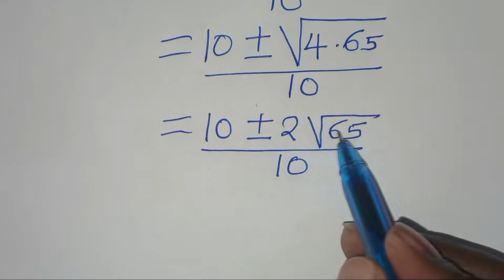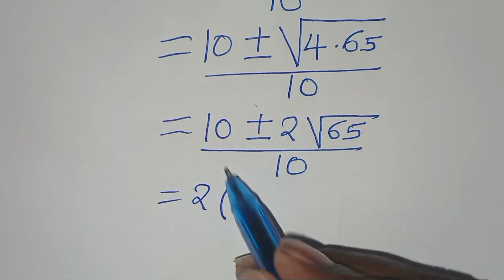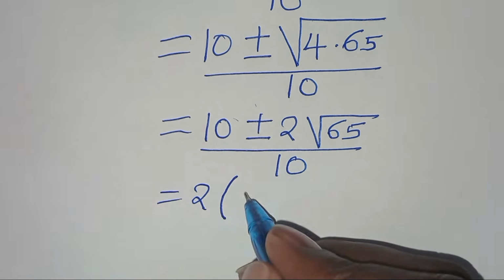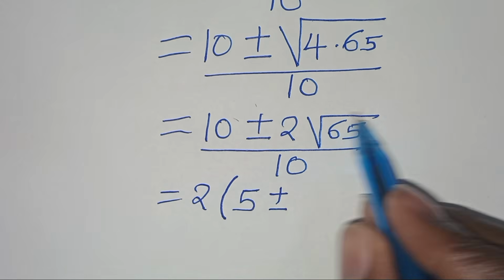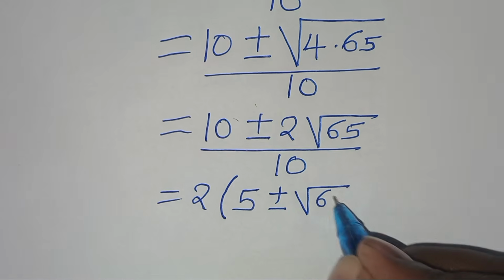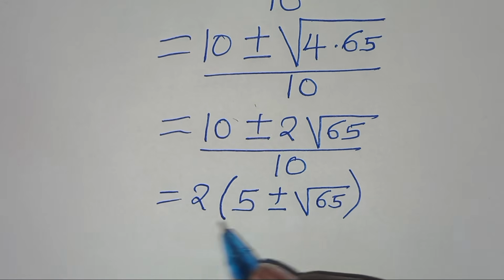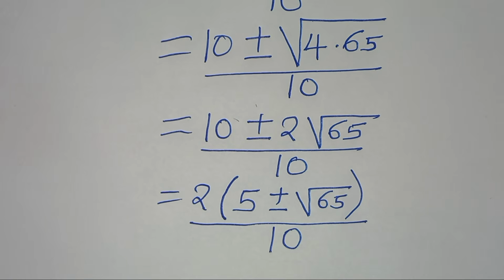We have that in the numerator here, that 2 is common. Let's factor out 2. So 10 divided by 2, this is 5, plus or minus 2 square root of 65 divided by 2, this is square root of 65, then divided by 10.